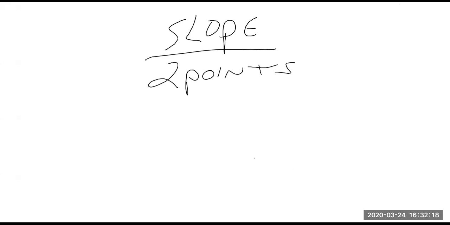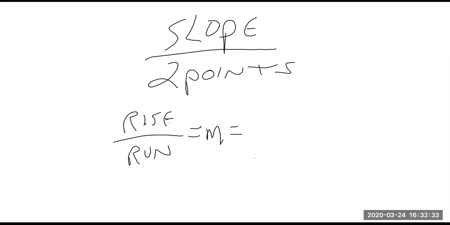You've probably heard slope defined as rise over run. Now, when we're talking about rise, we're talking about, of course, going up and down. Run, we go left to right. The slope formula is this: y2 minus y1 over x2 minus x1.